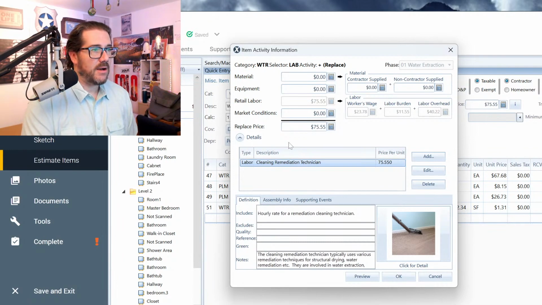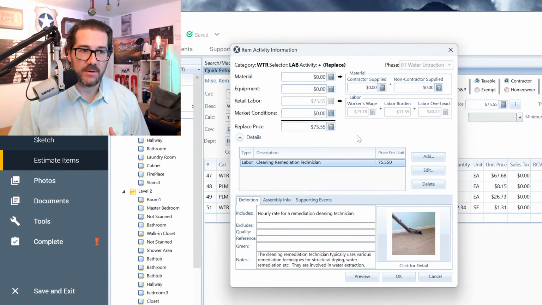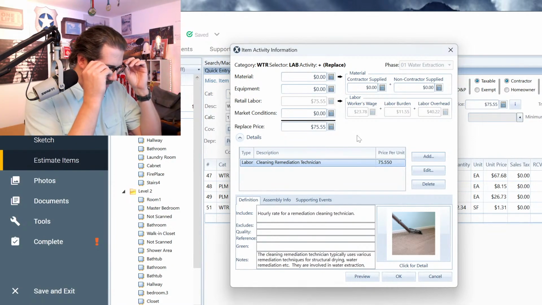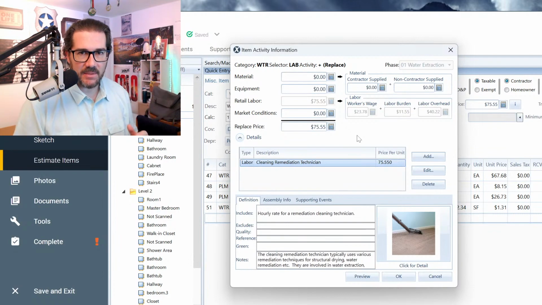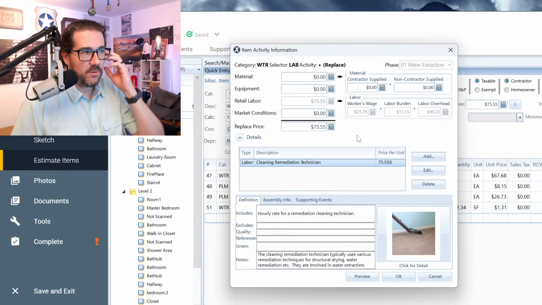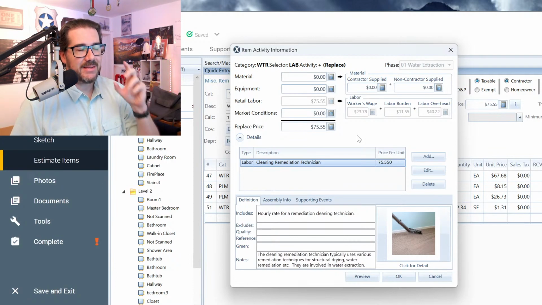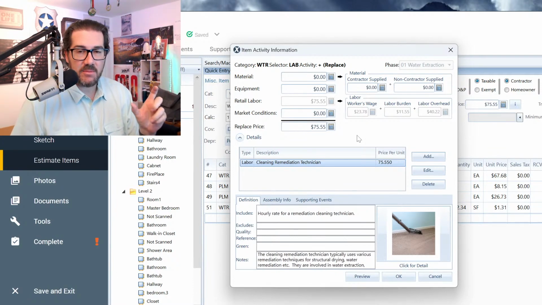So if you are performing these functions in-house, theoretically, you're not paying the retail rate, right? You're paying the in-house rate. So if you have water damage technicians in-house, most of you do, and you're using Xactimate, you're using these labor rates, what this means is there's $40.22 built in as a margin.